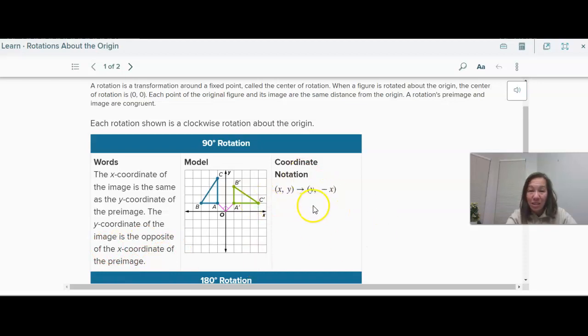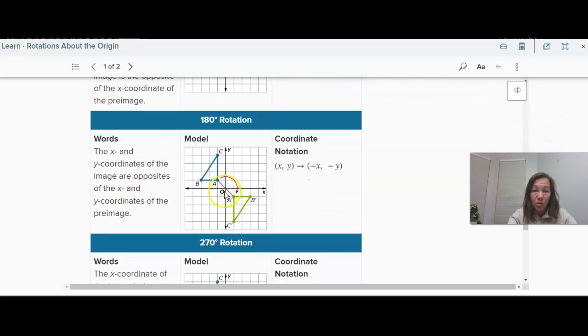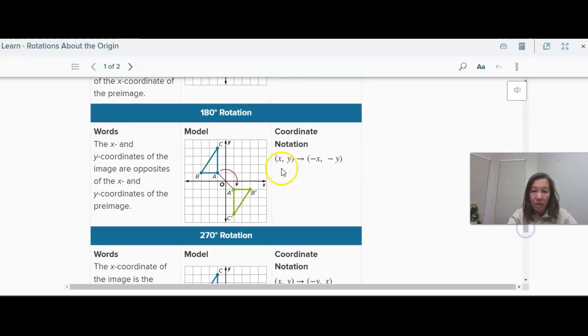So the nice thing is, if it's a 90 degree rotation about the origin, we don't have to guess and draw pictures to see what it is. It's always going to be this: the x and the y switch and the x becomes the opposite sign. If we have a rotation 180 degrees clockwise, then (x, y) becomes (negative x, negative y), the opposite of x and the opposite of y.